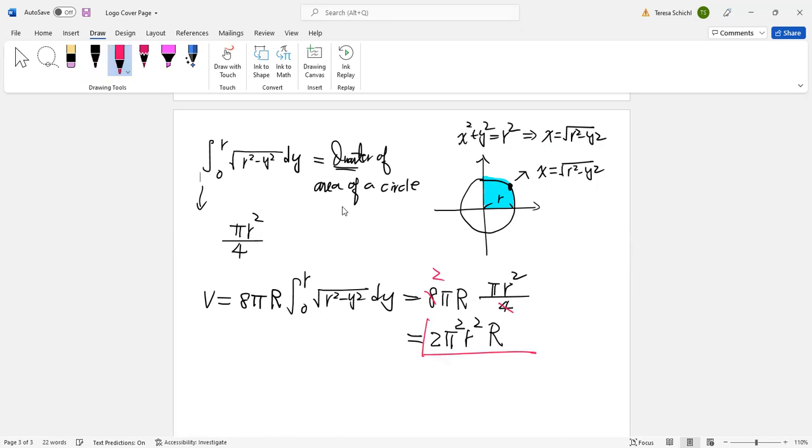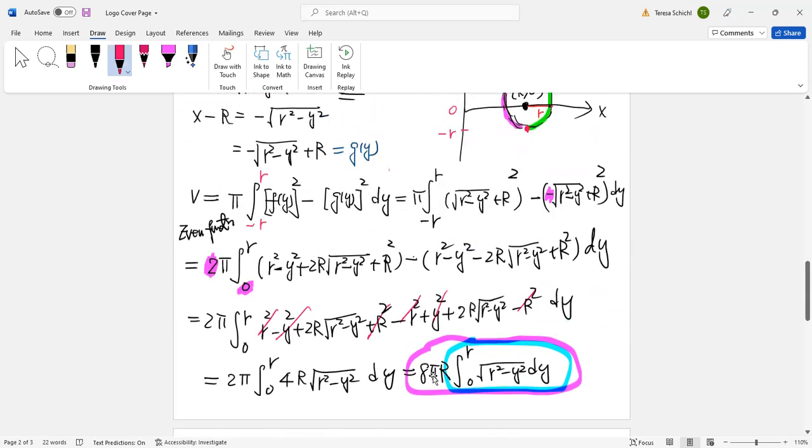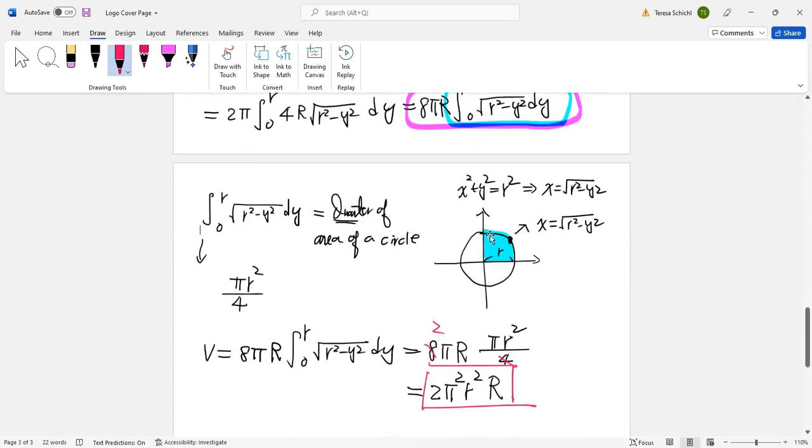All right, so this one is a little bit more complicated, but we still use a similar idea. The last step is kind of tricky, right? After that we finally get the volume as 2 pi R, and then we still have this integration from 0 to r of the square root of r squared minus y squared. Then we ask what this one is. If you look at the circle, the square root of r squared minus y squared is the x value here.